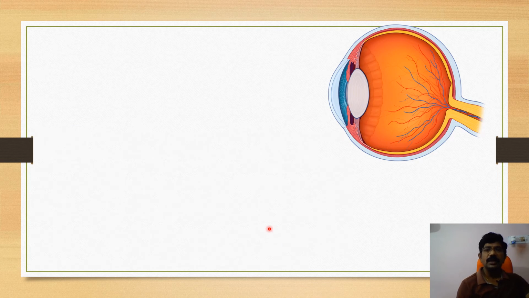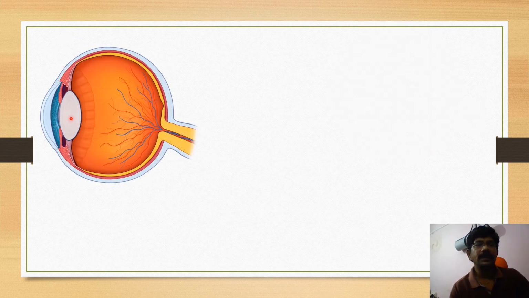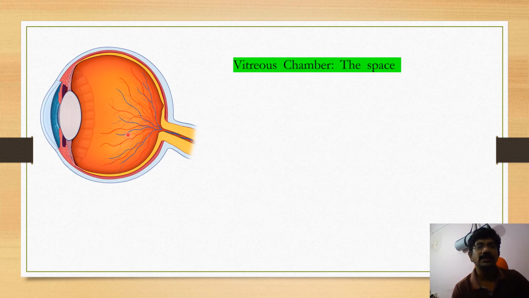Okay, next, come to the next part. Behind the lens, there is a space. This space is known as the vitreous chamber. This vitreous chamber consists of a liquid known as vitreous humor.